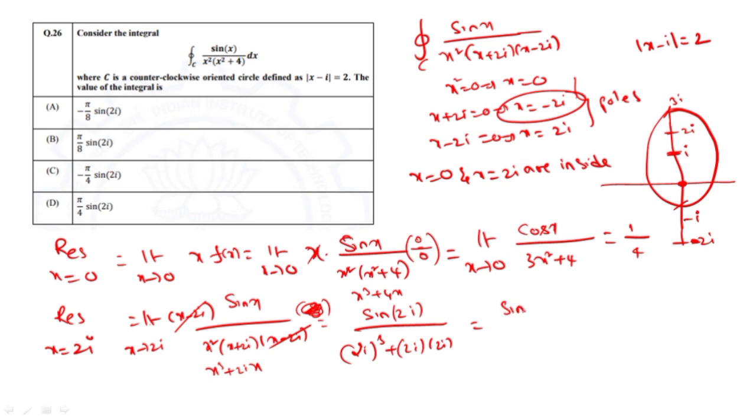Sin 2i by, okay, and this will be 2i cube, i cube is minus i, 2 cube is 8, minus 8i, this is 4i square, 4i square is minus 4.